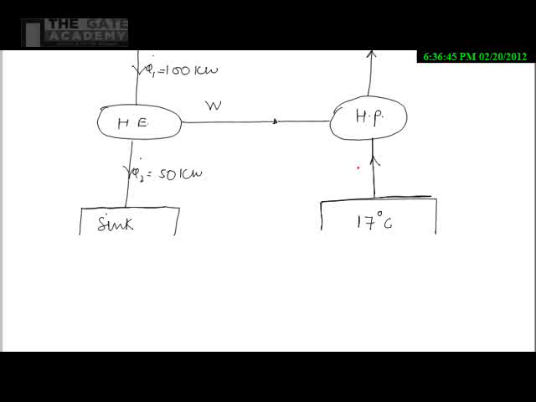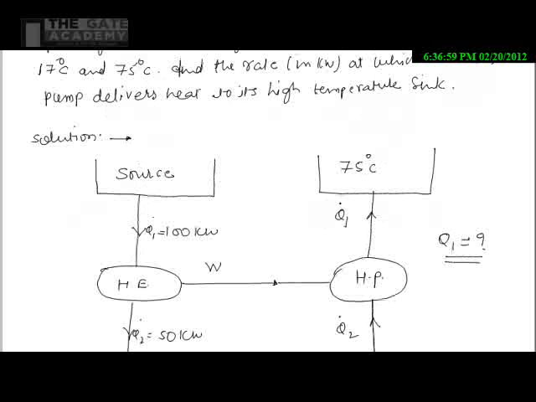So this one is Q2 and this one is Q1, and our interest is Q1. We have to find Q1 per unit time, so better we put Q1 dot and Q2 dot, so it will be Q1 dash dot and Q2 dash dot. We are interested in Q1 dash dot.